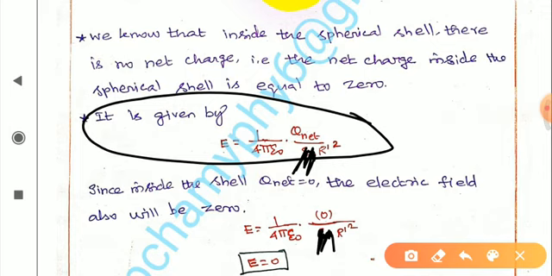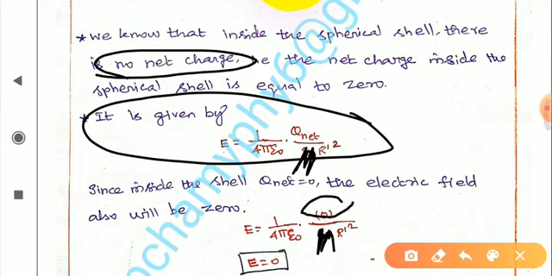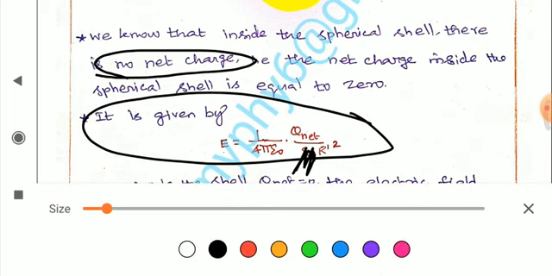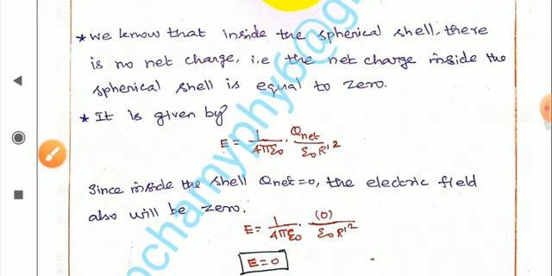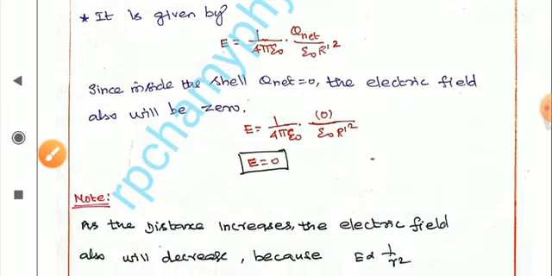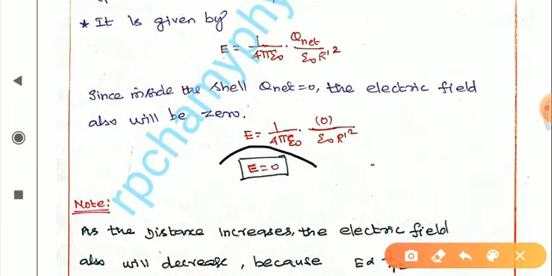What is the Q net? Already we defined the net charge is equal to what? 0. If net charge is equal to 0, in the numerator it will be 0. 0 by anything is equal to what? 0. So the net electric field inside the spherical shell will be equal to 0. Dear students, please remember this. There should be no epsilon naught again because we already wrote epsilon naught.